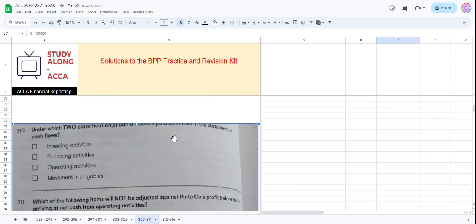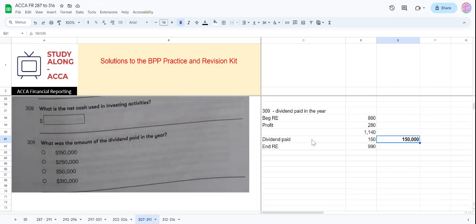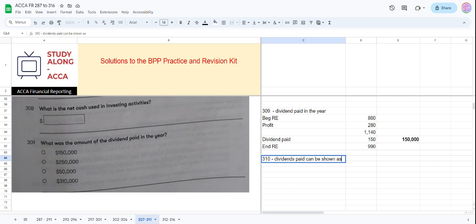Under which two classifications can dividends paid be shown in the statement of cash flows? So 310 now. Dividends paid can be shown as operating, or you can show it as operating or financing.